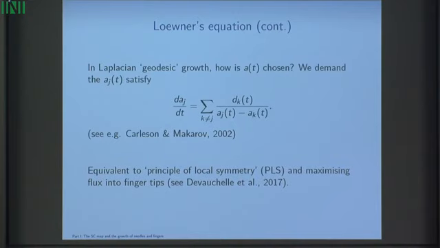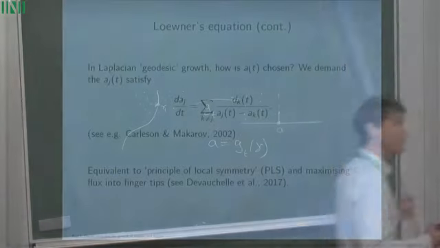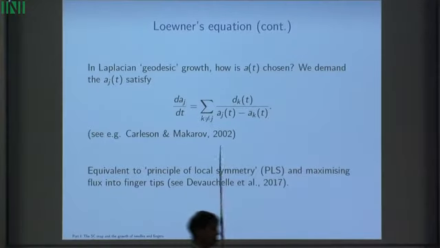What Dan Rothman and his group have shown is that this is equivalent to the principle of local symmetry. So that particular expression there, owing to Carlson and Makarov, is equivalent to this. It's also equivalent to the fact that you maximize the flux into this tip. They all mean the same thing. Okay, so that's the rule that we're going to use to grow fingers.